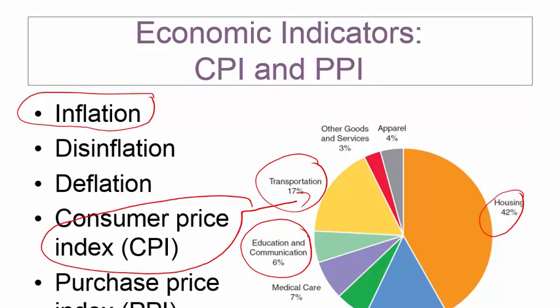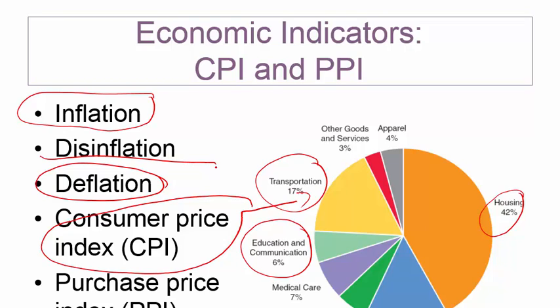Okay, now purchase price index. Let me do a couple of these terms. Obviously, if prices go down, is that disinflation or deflation? If prices go down, that's deflation. So then, what's disinflation? Disinflation is the slowing down of the rate of inflation.